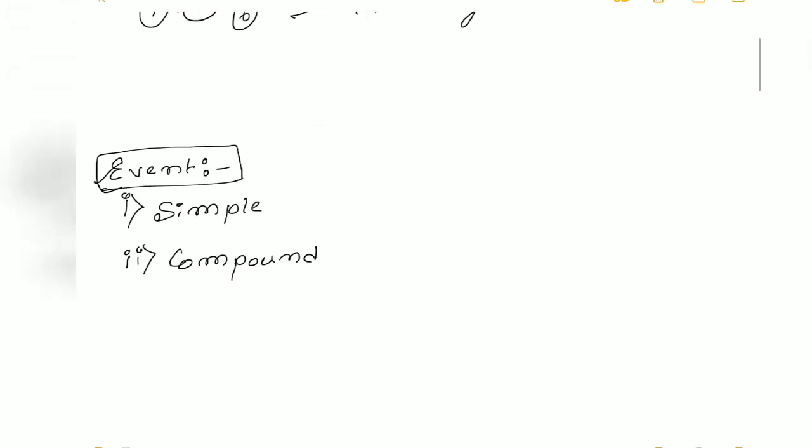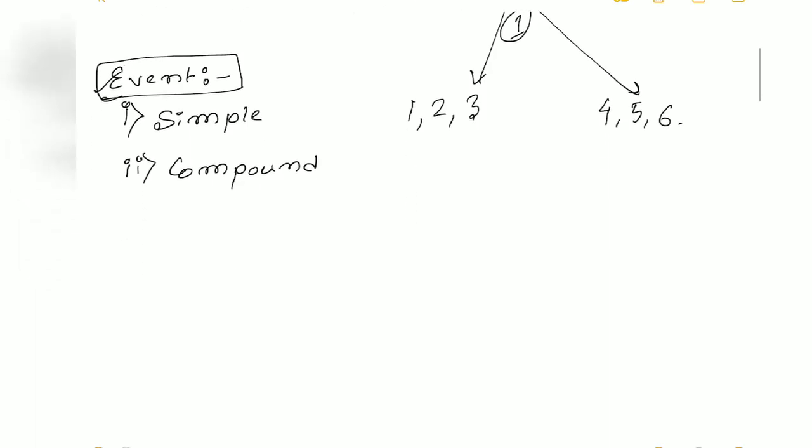Okay, now let's come to the event. From a random experiment we will have some outcome. Suppose if you throw a die, you can get 1, you can get 2, you can get 3. Similarly, you can get 4, you can get 5, you can get 6. Now, suppose you are playing the game of Ludo. In these lockdowns, Ludo is so famous, right?